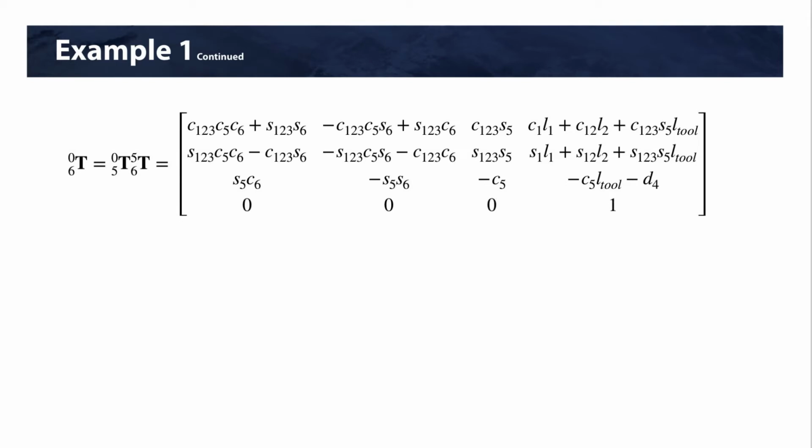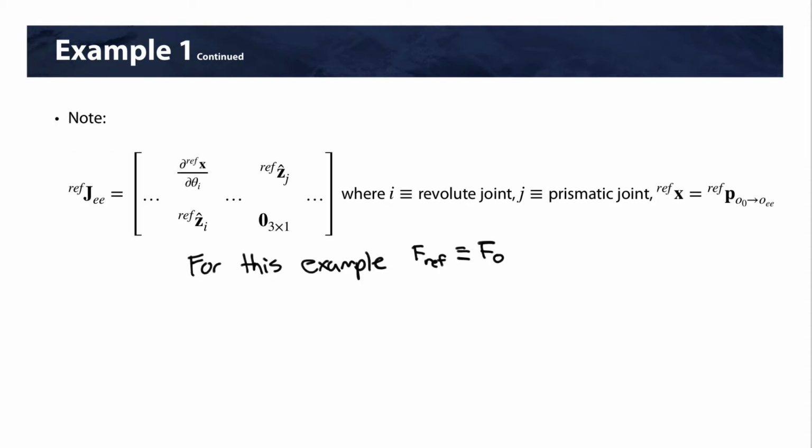Let's highlight that. This is our position vector that we're going to use. Let's write that out on the next page just so we have it. Our position vector from our base frame to our end effector frame in terms of our base frame is equal to C1L1 plus C12L2 plus C123 S5 L2. That's the x position.